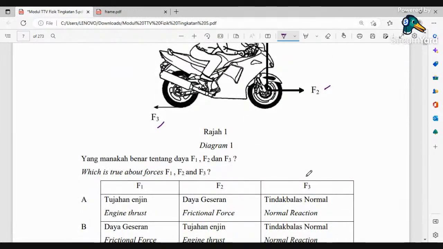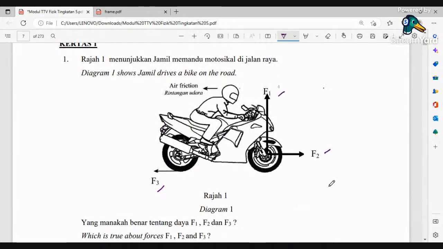Which is true about forces F1, F2, F3? Just the name of the forces that act. Moving forward, we call it thrust, forward thrust.